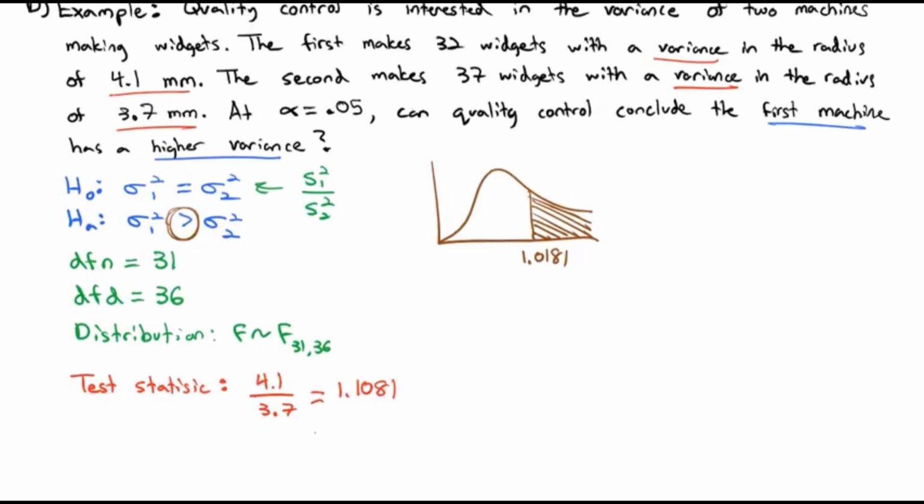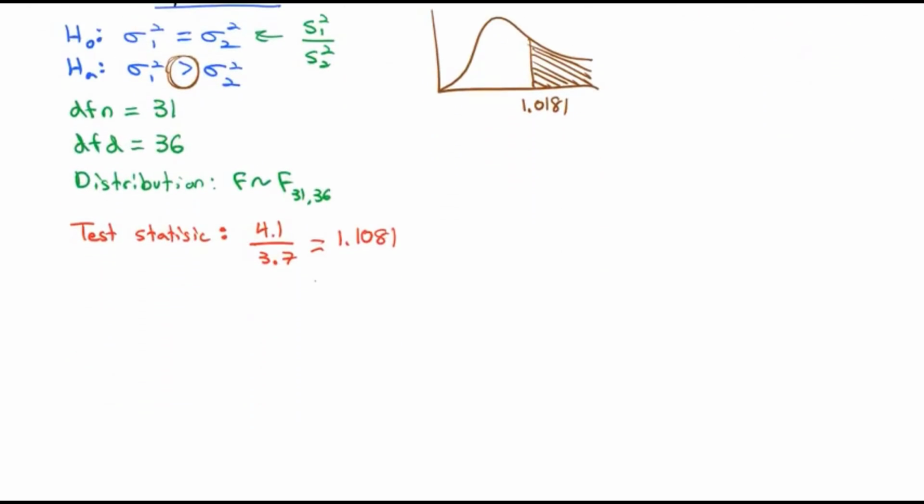So let me scroll a bit. Give me a little more space to work. We have a p-value of 0.3809. Remember, the p-value is the probability the null hypothesis is true.